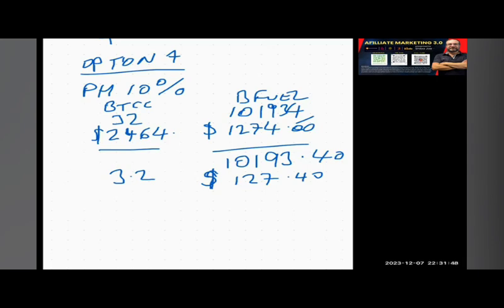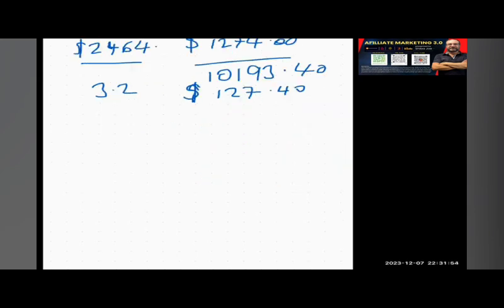Now, the 3.2 will go directly into your MetaMask in your current account. Now, what you can do is you can move, say, 10% of it. It's up to you how much. You can decide whether you want to move 50% of it, 10% of it, 20% of it. So this is in your current account.